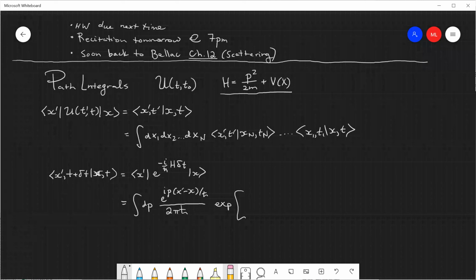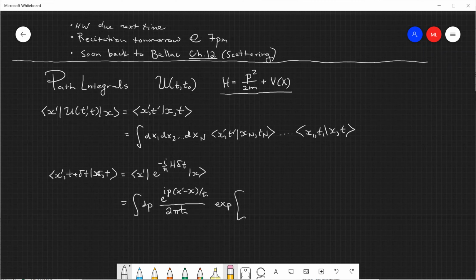Once we have replaced the operators with their eigenvalues, it's the usual thing. When you have an exponentiated operator, you want to expand it out, then you have the operator act on its eigenstate, and then you just have numbers left over, and you can do whatever you want with those.